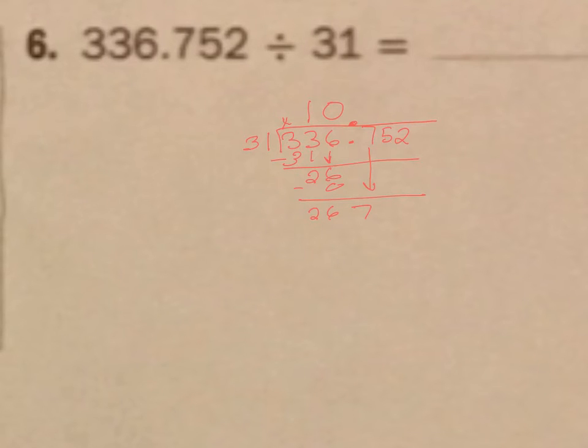I would say 9. I'm going to try that. 31 times 9 would be 279. Oh, must be 8. 31 times 8, 8 and then 24. There we go. So it's 8. 8 times 31 is 248. Subtract that out.